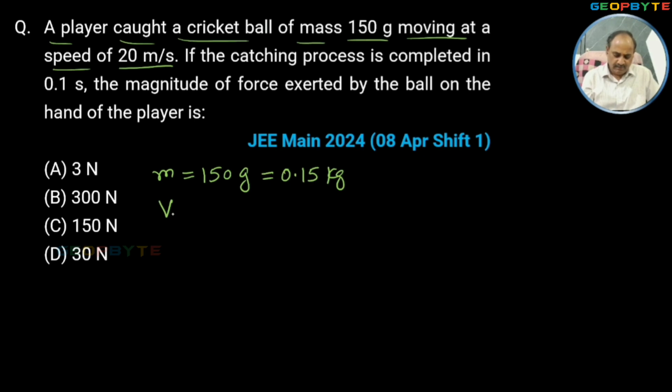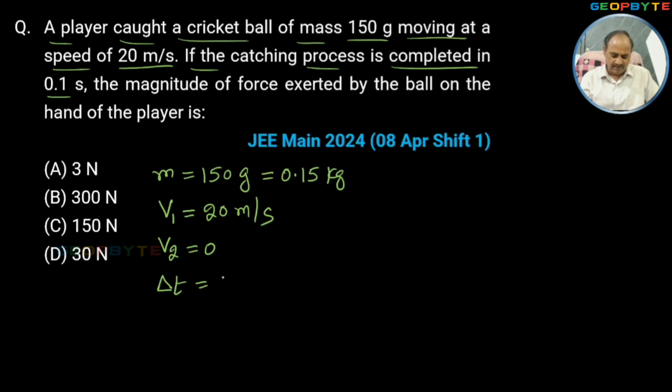That ball is moving with initial velocity v1 equal to 20 meter per second. That ball is caught by the cricket player. After the ball is caught by the cricket player, final velocity of the ball is 0. If the catching process is completed in 0.1 second, the time taken for catching the ball, that is delta t equal to 0.1 second.